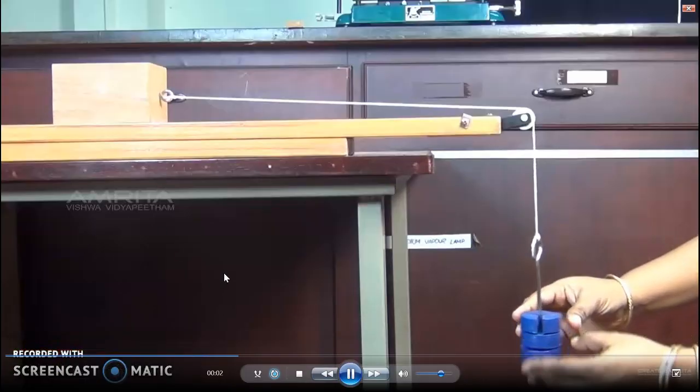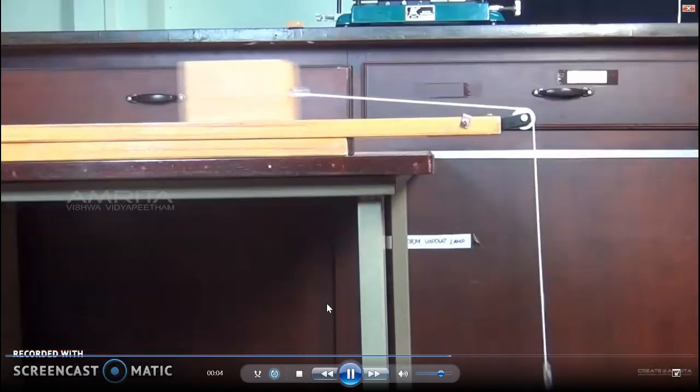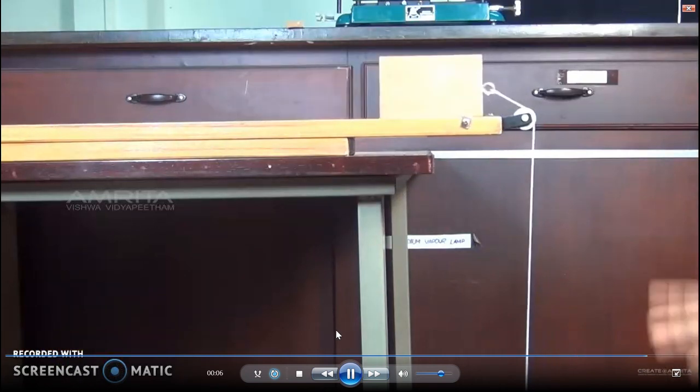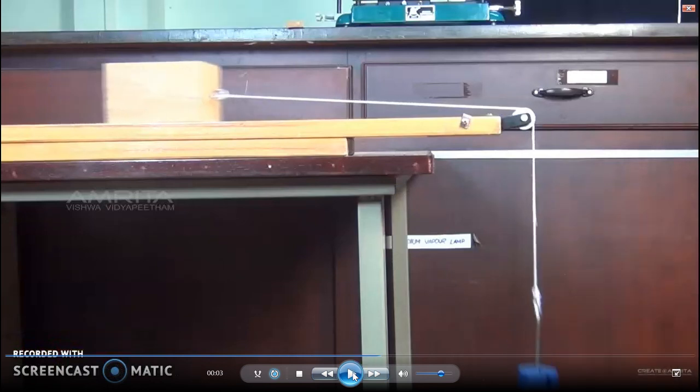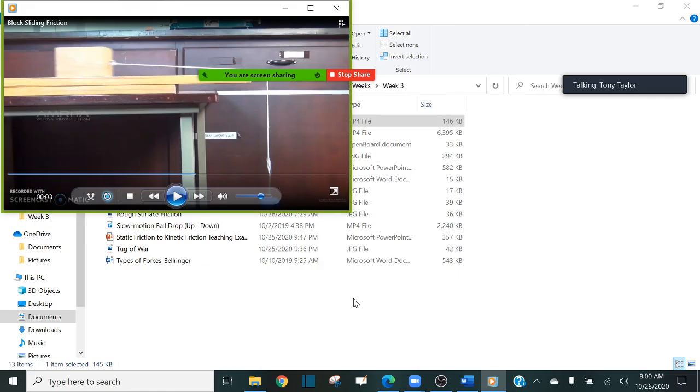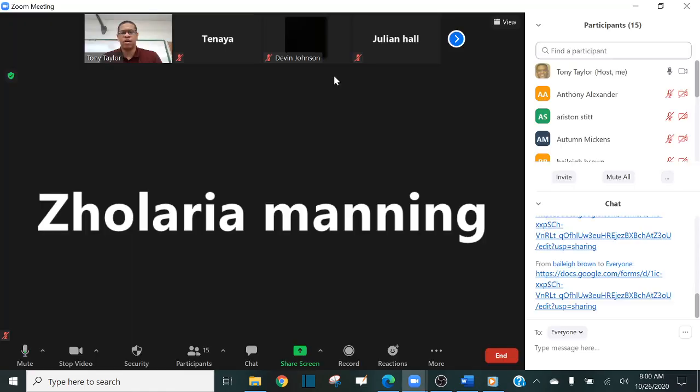Now, remember, guys, the key to remember about friction is that friction always acts opposite the direction of motion. So in this situation right here, the block is sliding toward the right.